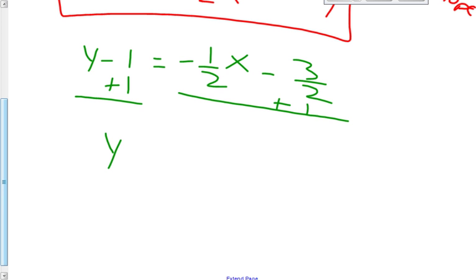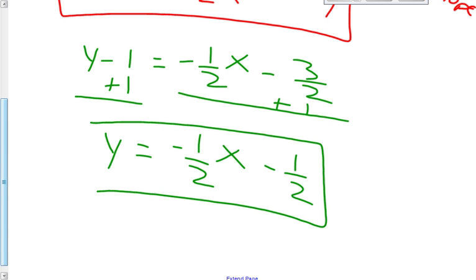So now we've successfully gotten y all by itself. A negative 1/2 x stays there, and a negative 3 halves plus 1 is a negative 1/2. So your slope-intercept form is y equals a negative 1/2 x minus a half. So this is answer number 2 in slope-intercept.